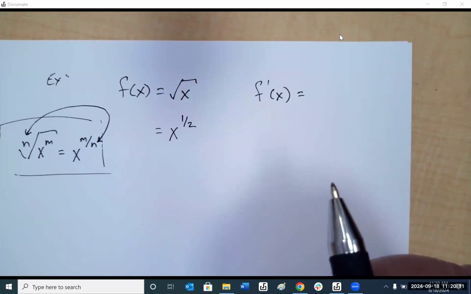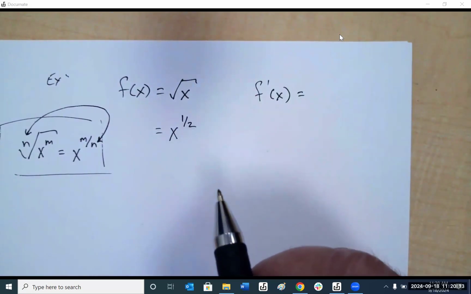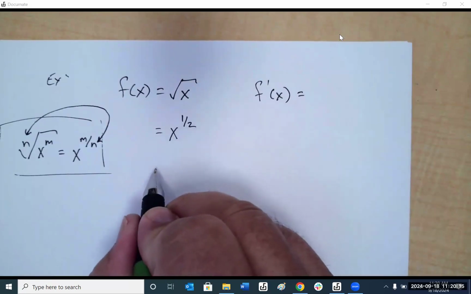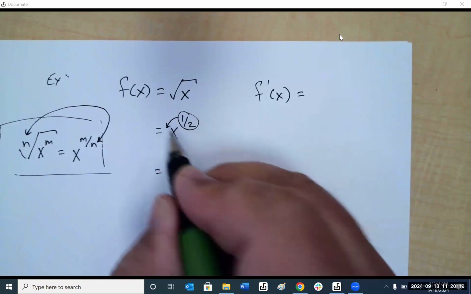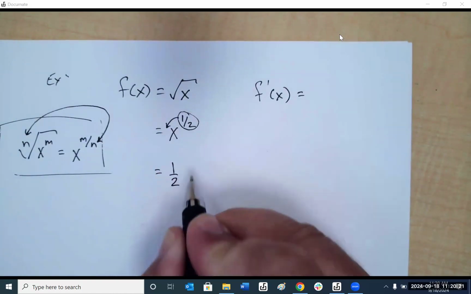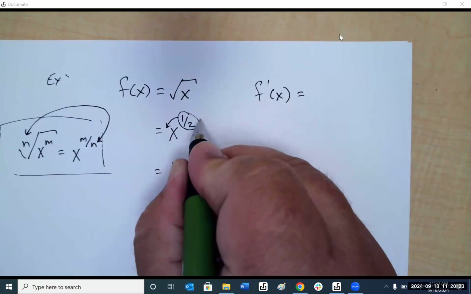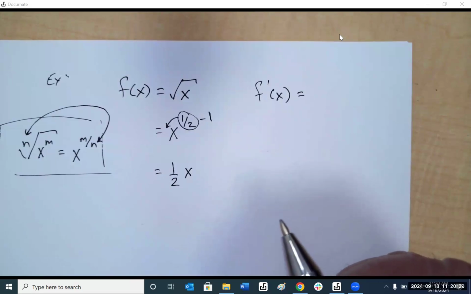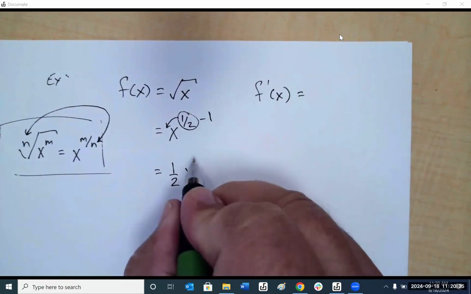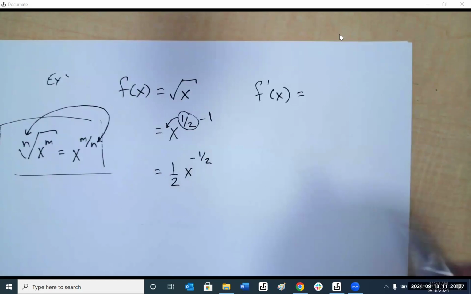So you remember the steps I just told you about? Take the power, put it in front, and subtract 1. What's 1/2 minus 1? Negative 1/2.